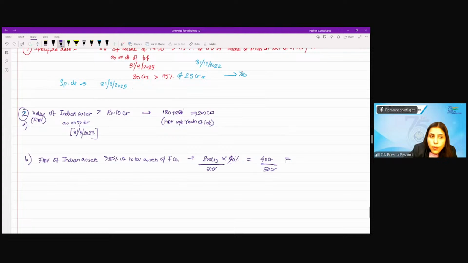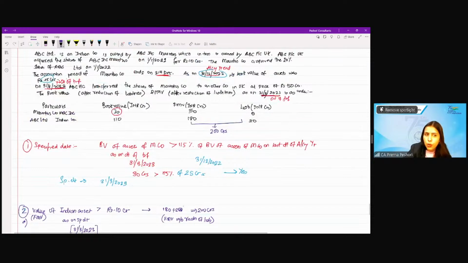So whether the test is satisfied? Yes, 80%. So the test is satisfied. So here you don't take 200 crores, because 200 is not your FMV. The Mauritius company is holding only 20% of 200 crores. And in this 50 crores of FMV, this 40 crores is already included, right? Because this is the FMV of the total assets of the Mauritius company.